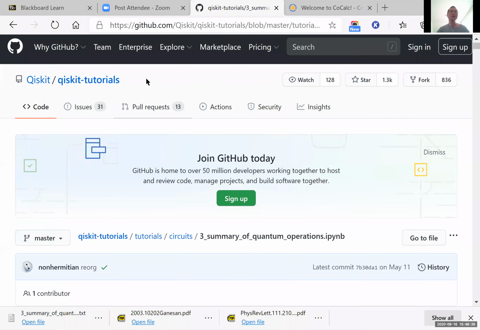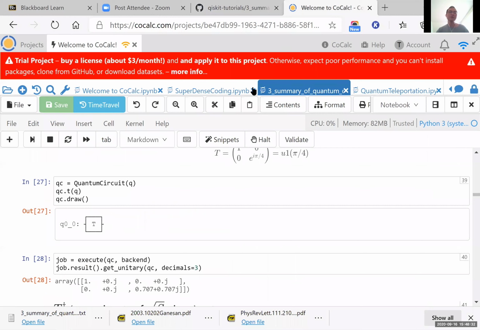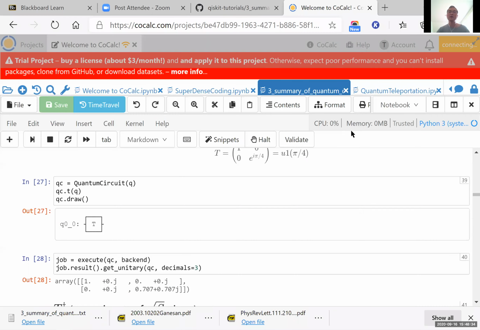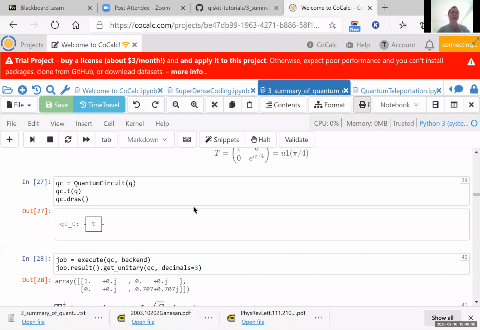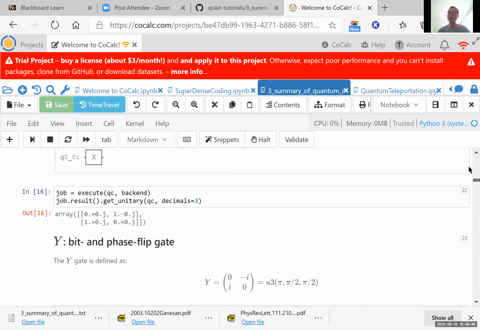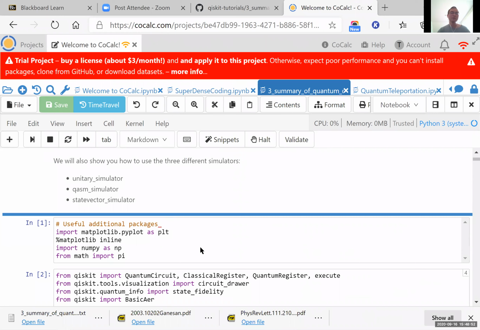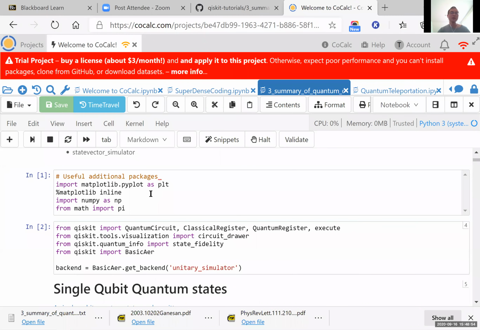I'm showing their GitHub page, but if you download it, depending on what you use, remember last time I told you there are at least two ways to install the Qiskit software, or you can use this CodeCalc website. I download the notebook and then upload it to this website, so you can execute that.